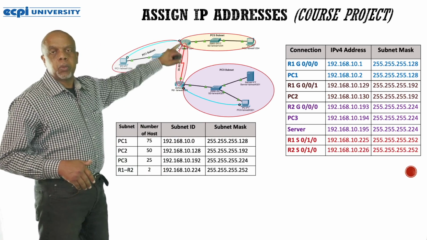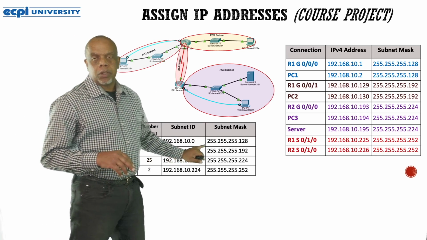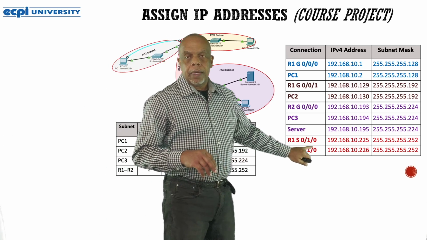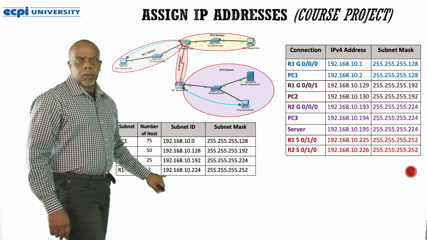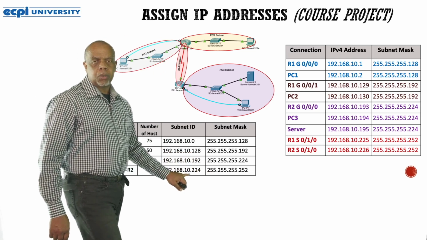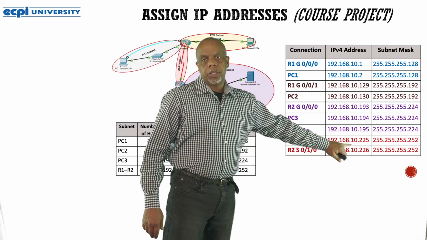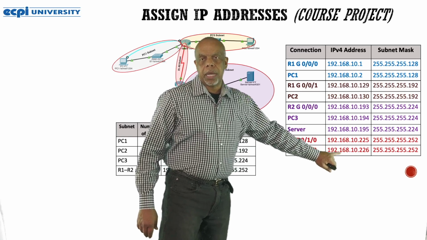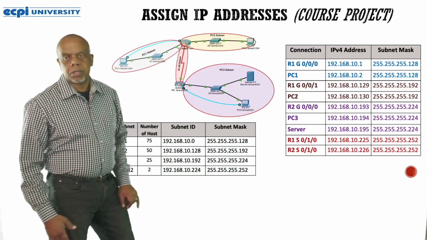Now the subnet between the two routers. If you look at that, here again, the subnet ID is 192.168.10.224. Can't assign that, but I can assign the next one. So I give one router .225, and give the other router .226. That one gets 225, I give that one 226, just because.